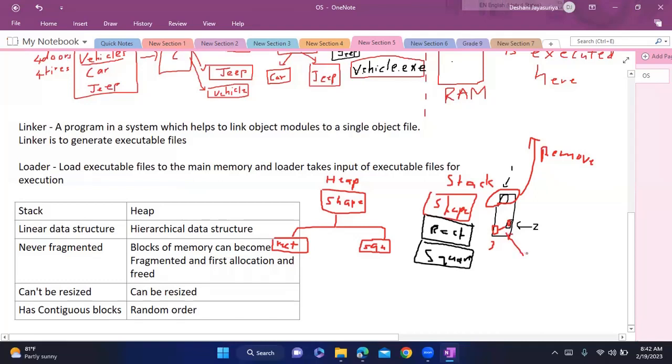That means it is getting stored, and when you remove the fragments which are processed or executed in RAM, it will be resized. The second and third only will be there, right? But because it's not in stack, it is right.